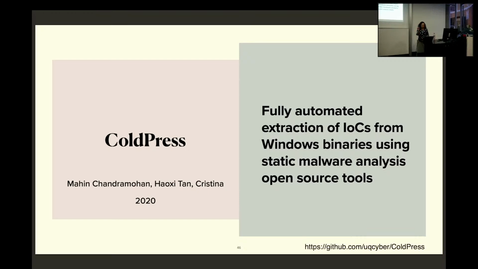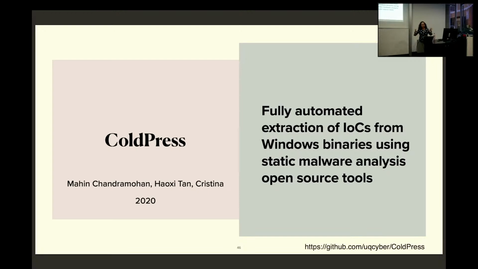With Ghidra, just very briefly, a project that myself and Mahin Chandramohan, a colleague from Oracle Labs here in Australia, and also student Haoxi Tan, one of the UQ students from a couple of years ago in 2020, worked on was ColdPress. My role was more like mentoring, so I should say she did all the work.